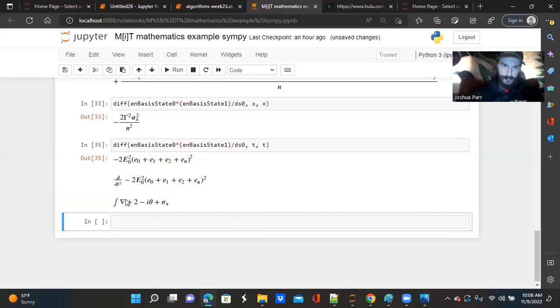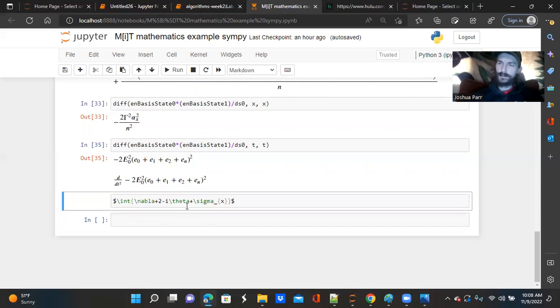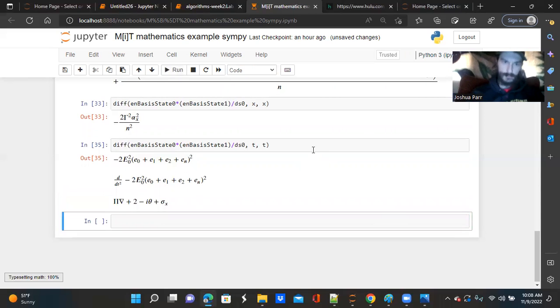Integral, derivative, the integral. There was a summation just before that. I don't know how to write product, so I'll just do that. See if that works. Yeah. Beautiful. That's how you write some math out.